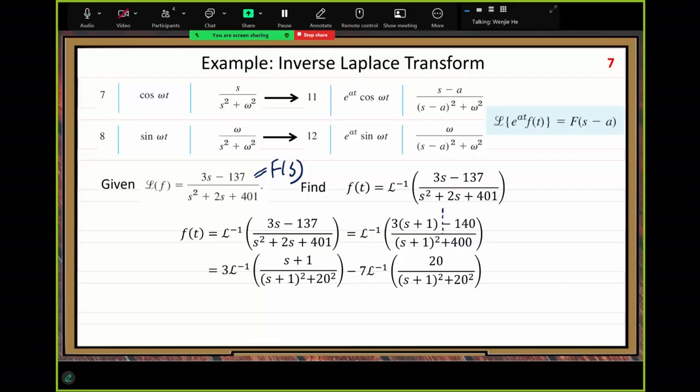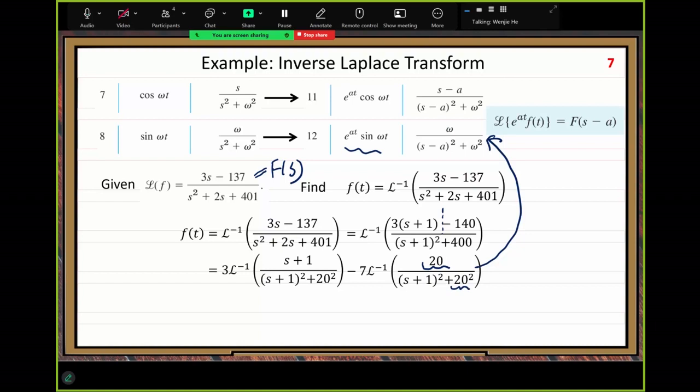Why? Some of you may wonder, why do we leave 20 here, not 1? The reason is we try to fit the format of that formula. In order to apply the formula, the numerator should be omega. Here omega is 20.